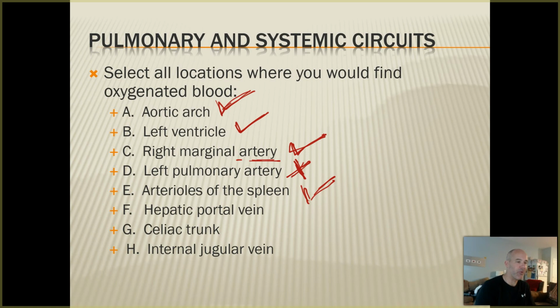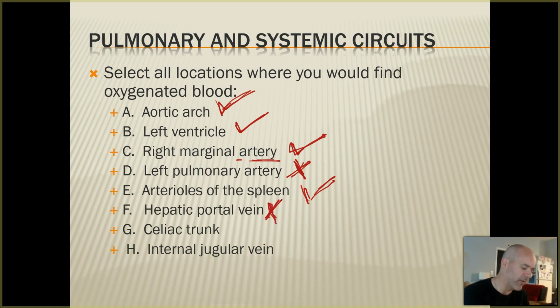The hepatic portal vein, no. We haven't really studied the hepatic portal vein yet, but hepatic means liver. Veins that are part of the systemic circuit have deoxygenated blood, so that's going to be a no.